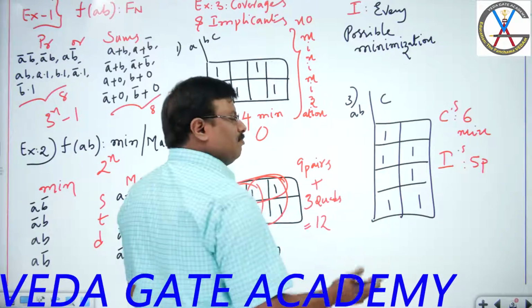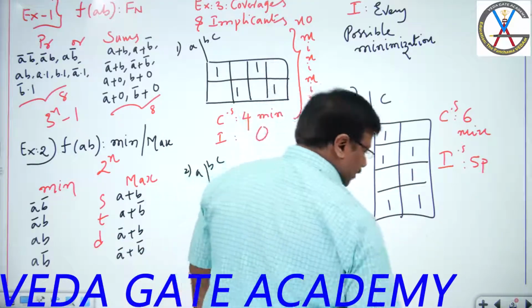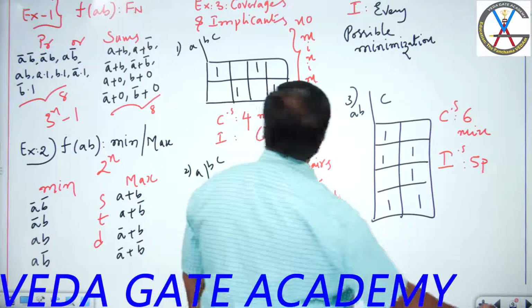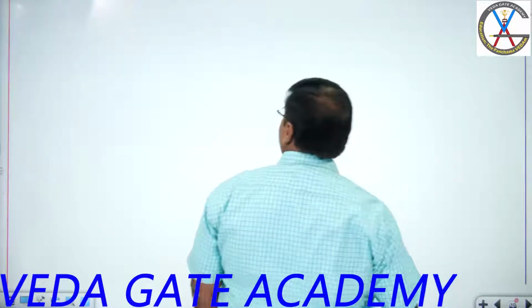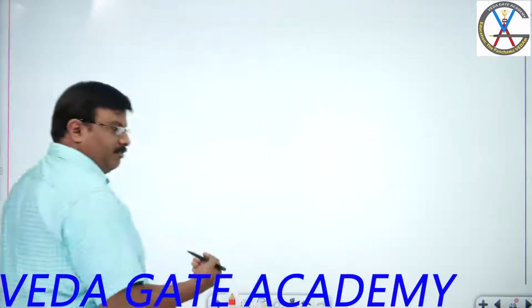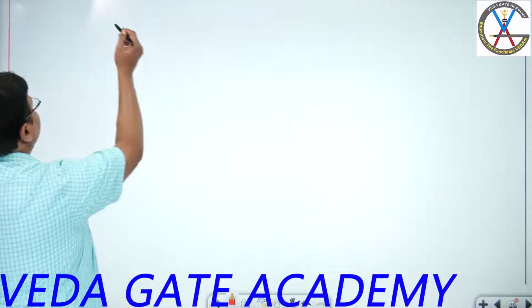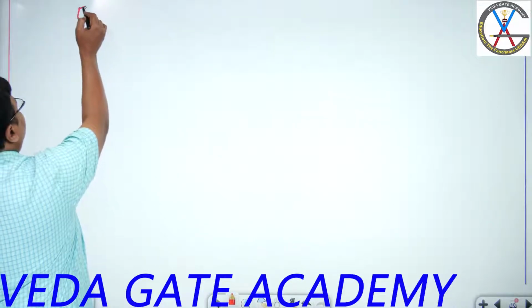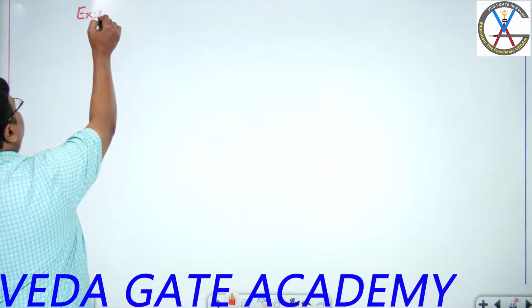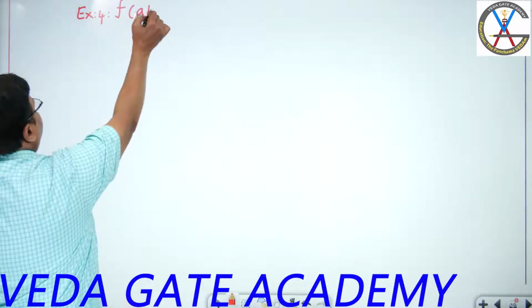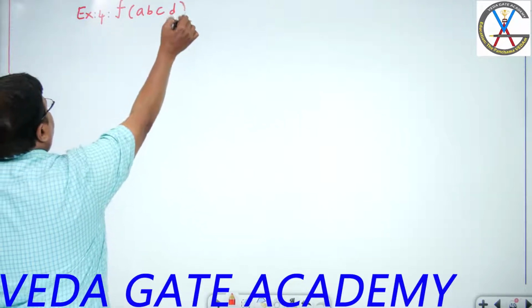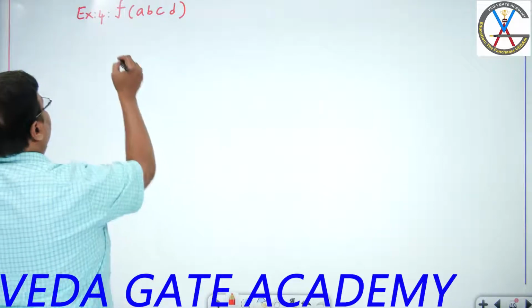Now let us see prime implicants and E prime implicants in a detailed example. Example number 4. For f of a, b, c, d. Here is my map.